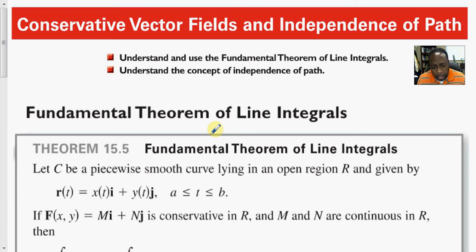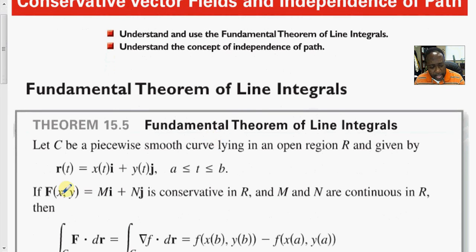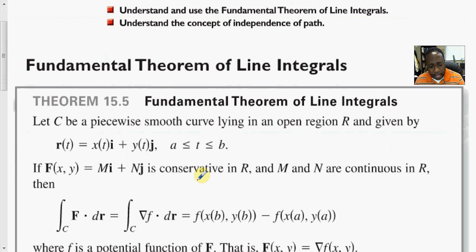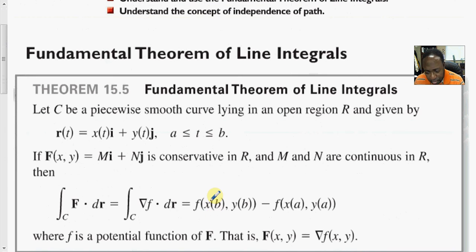The fundamental theorem of line integrals says that if you know that capital F is conservative, that is, the energy somehow is conserved within the region R, and if M and N are continuous, it would have to be continuous to be able to find each point along the line to be able to evaluate. If capital F is conservative, then the line integral can be computed by simply evaluating the potential function. And this little f here is the potential function.